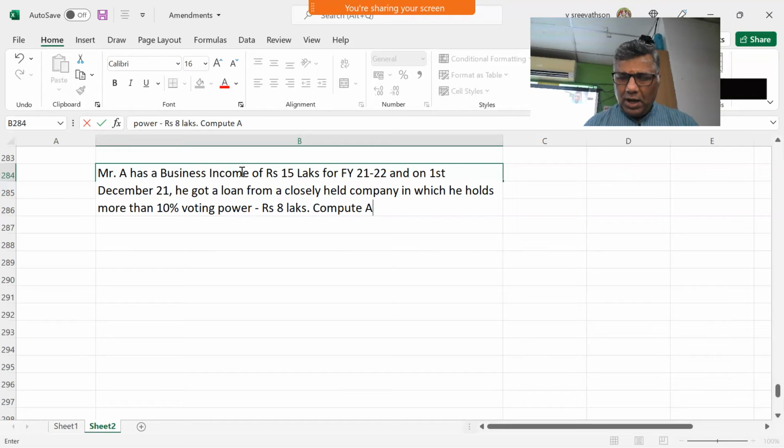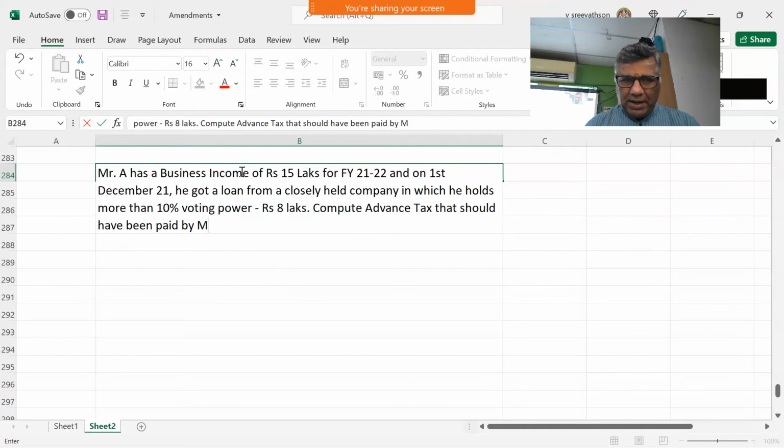Compute the advance tax that should have been paid by Mr. A.